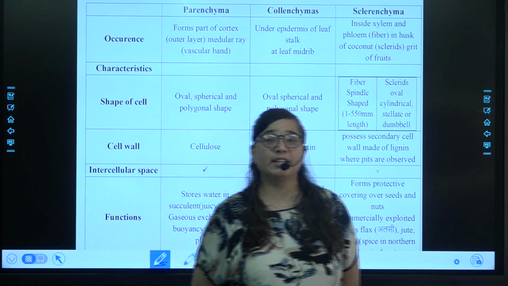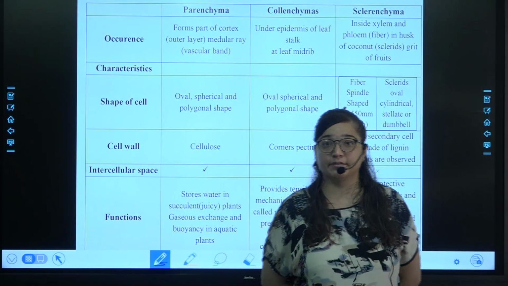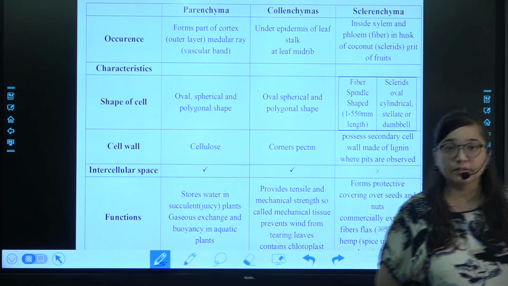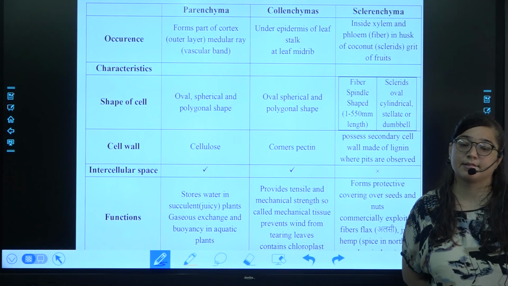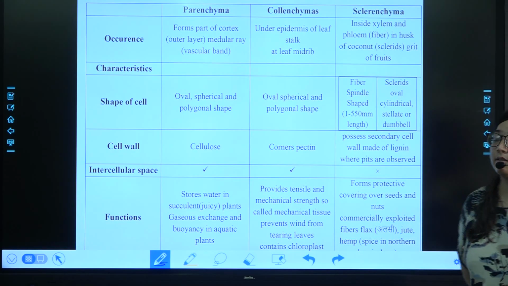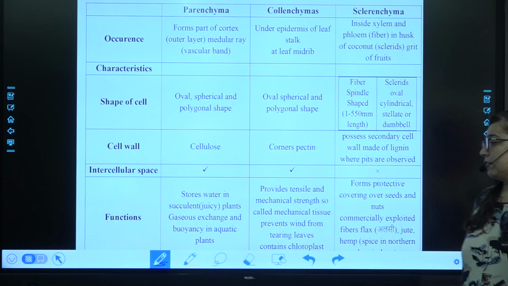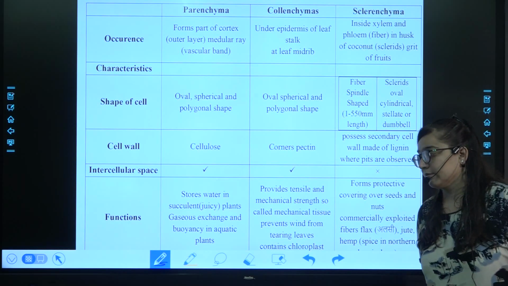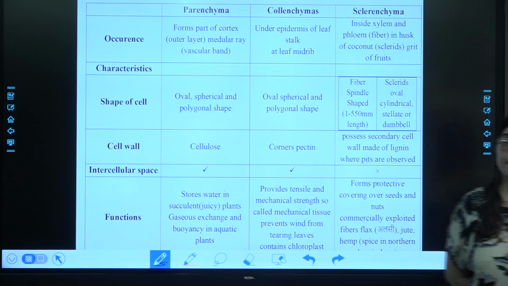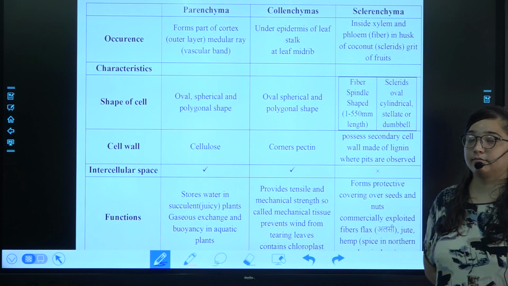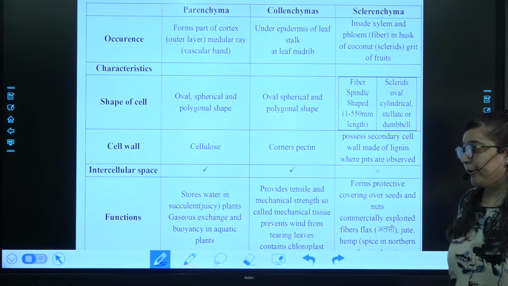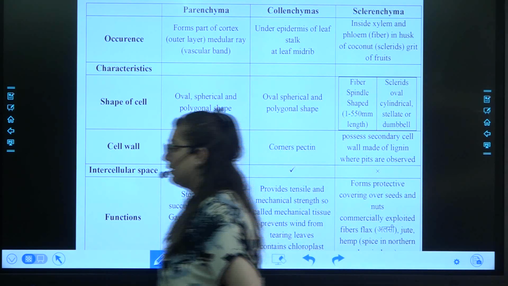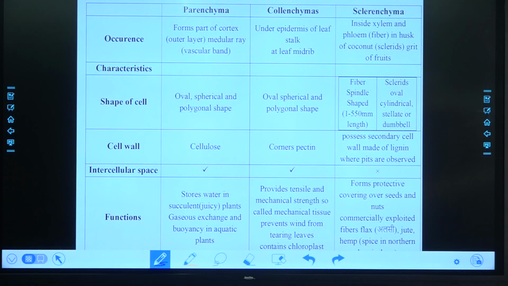We'll have a look even at the textbook which you are having. Be quick. You have 1 more minute. After that, we'll see xylem.